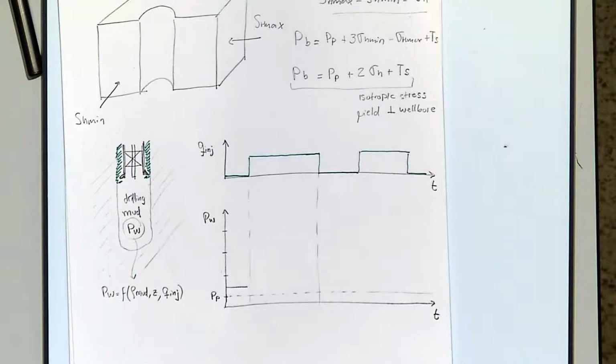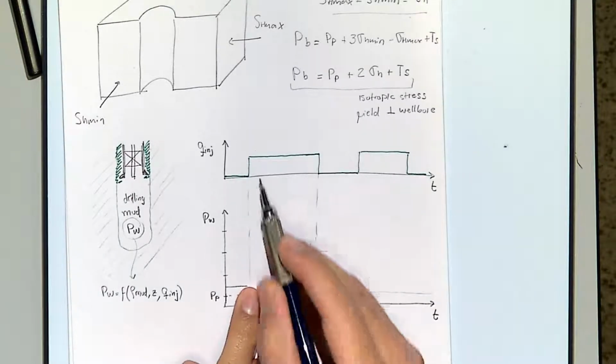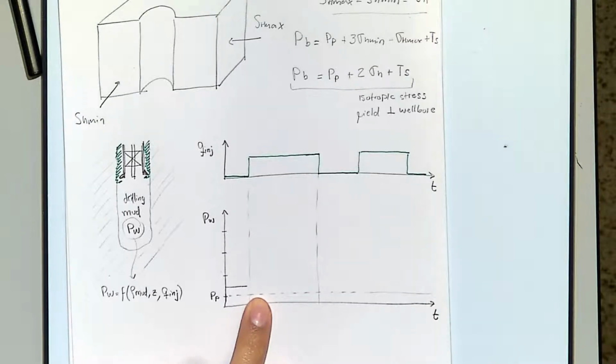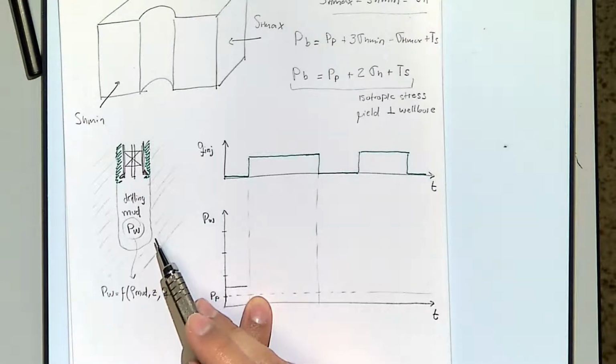All right. So now I'm going to start injecting at this point. What's going to happen with the pressure in the wellbore if this is a closed volume? Do you agree with me that it's going to start to increase? Yeah, right? It has some compressibility.